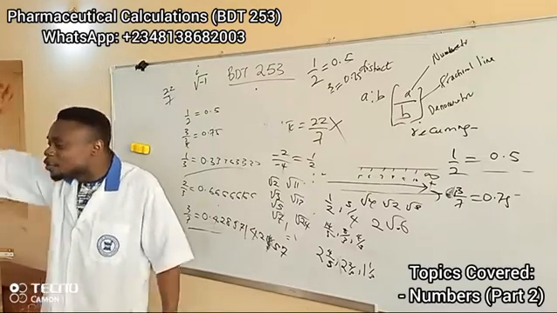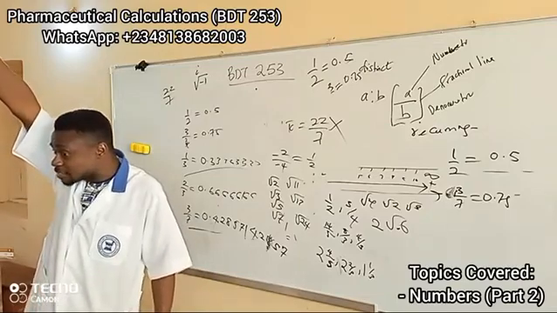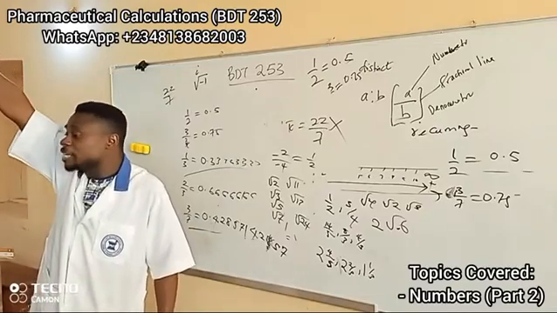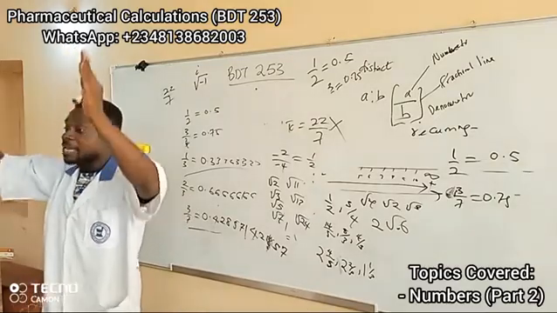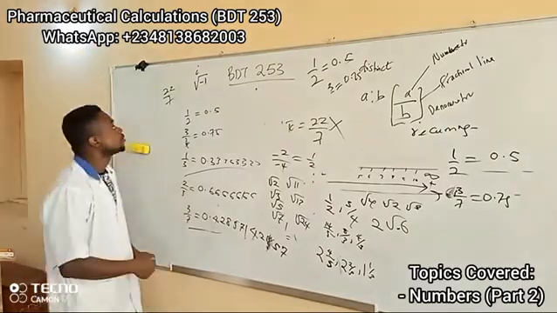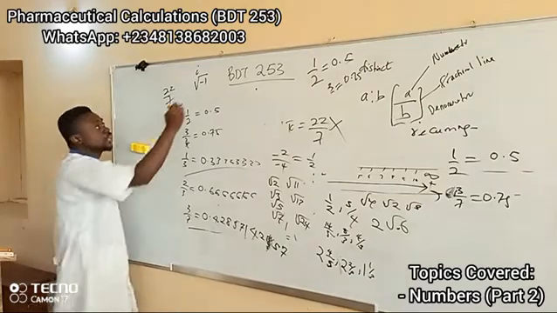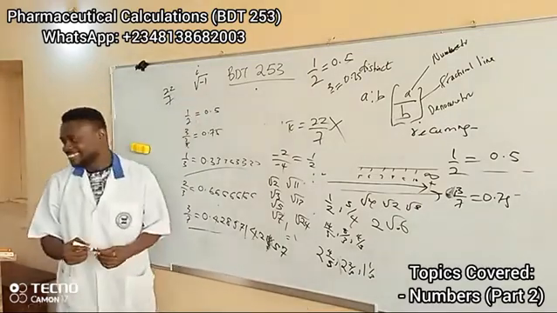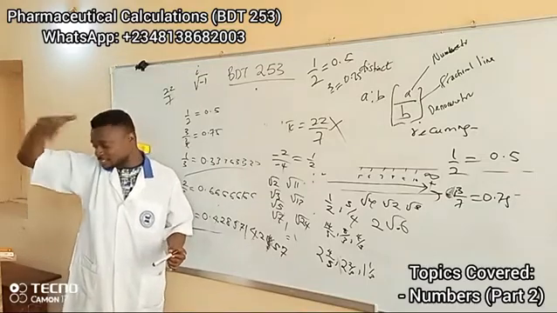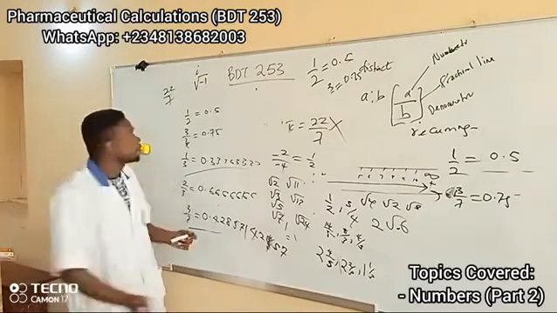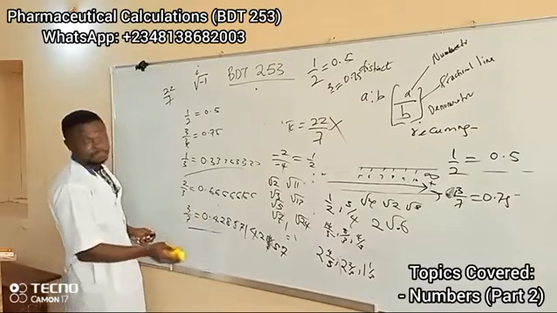There's another group of numbers called complex numbers. Complex numbers is a combination of real number and imaginary number. It's not here, but I just mentioned it so that you know that such numbers exist.